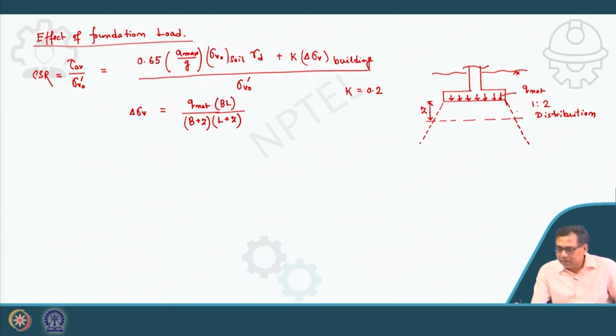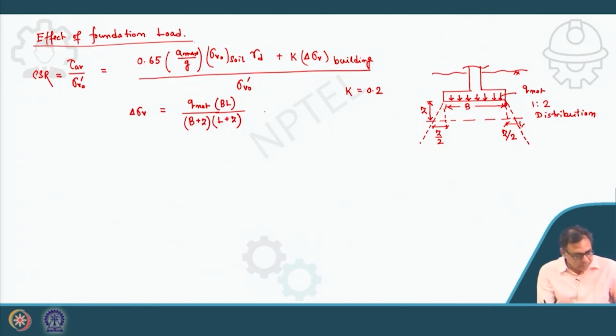So overall, if the width is B, then at this depth Z, each side adds Z by 2, so it will be B plus Z by 2 plus Z by 2, that is B plus Z. Similarly in the other direction for a rectangular footing.